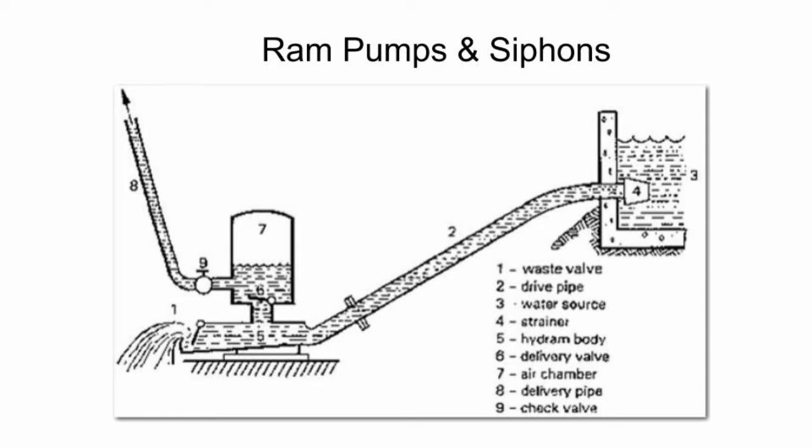The water will hammer. It will go up past number 6, which is the delivery valve, into number 7, the air chamber, which will push back, then pushing it up into number 8, which is the delivery pipe. And that is the gist of a ram pump. You'll mostly find these in farms.